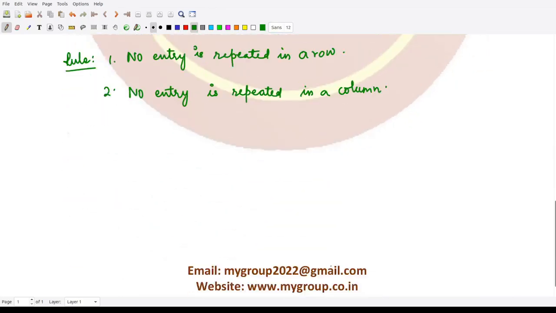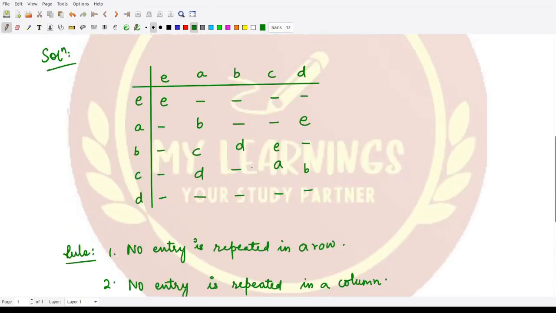For doing that, let's see the row or column having the maximum number of elements within it. So let's take this particular column. When you take this column, you see B is already present, C is already present, D is already present. So we are only left with A and E, correct? So A and E would come here.